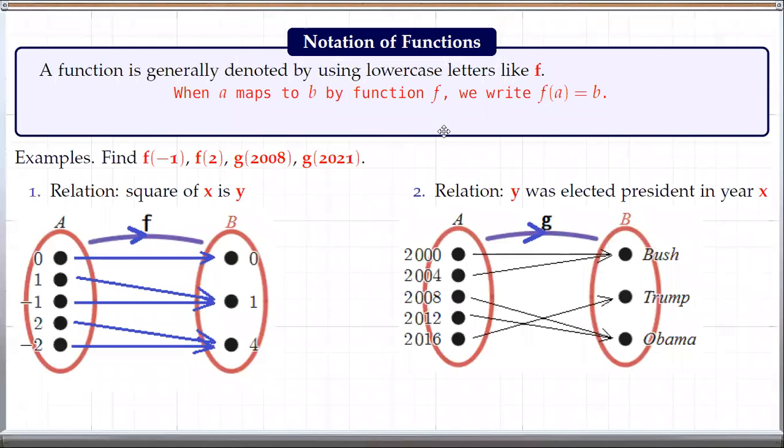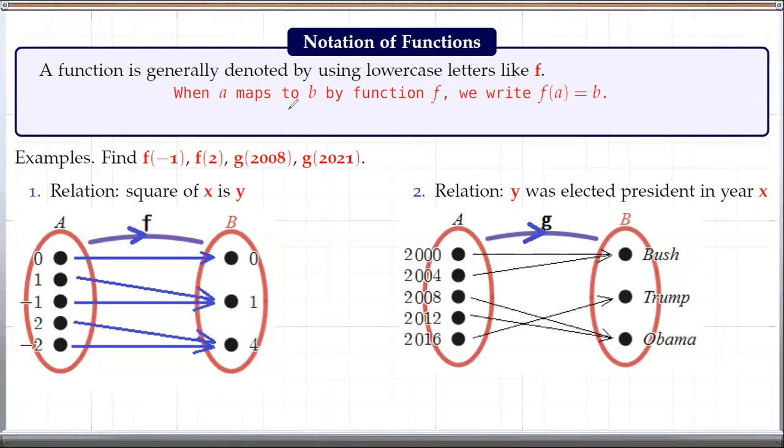Now let's talk about notation of a function. So we generally denote a function by lowercase letters like f. So this is the most commonly used notation for a function, this lowercase f. When a maps to b by function f, we write f of a equals b. So that means function of a equals b.